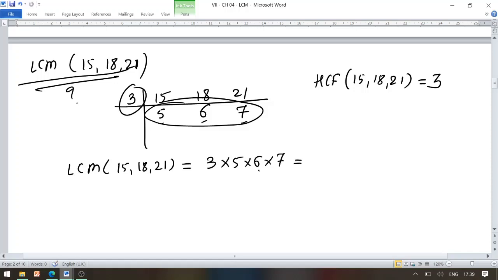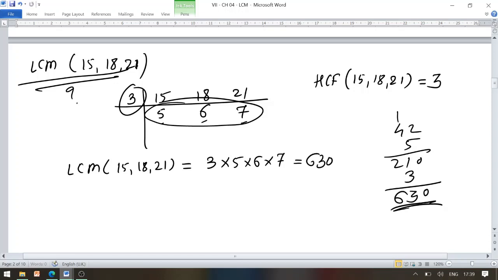So 6 sevens are 42. 42 fives are, we have 5 twos are 10, carry 1, 5 fours are 20 plus 1 is 21, so 210. While 210 threes are, we have 3 ones are 3, 3 twos are 6, that means 630. So the LCM of 15, 18 and 21 is 630.